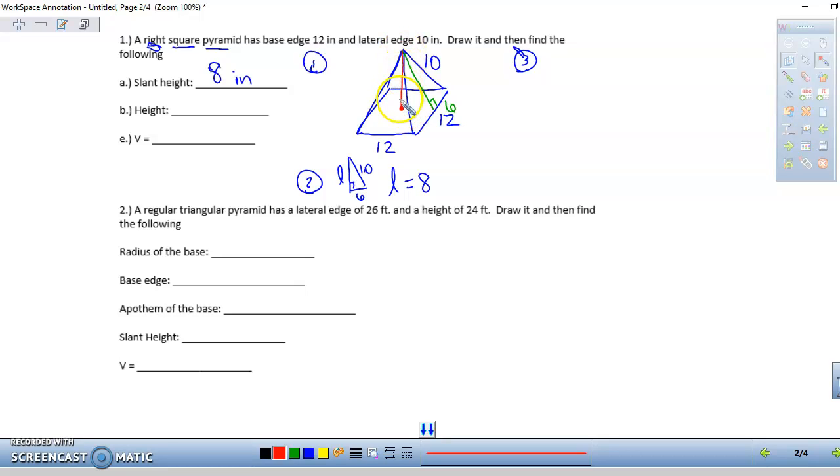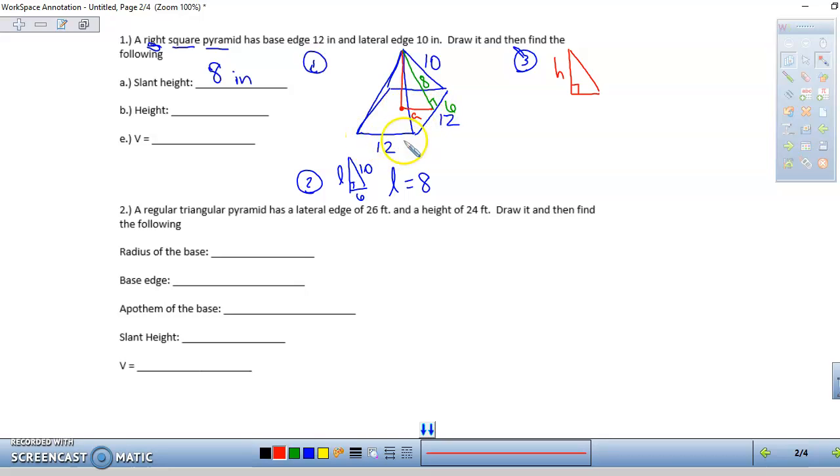All right, so this one, you actually have some options. You can do a radius and use the 10, or you can use an apothem and use the 8 that we just found. Maybe I'll label the 8 in the picture. So that's 8. Okay, apothems are generally easier for a square. So I'm just going to use the apothem and the slant height. So to figure out that, I would have the height here, and then the apothem.